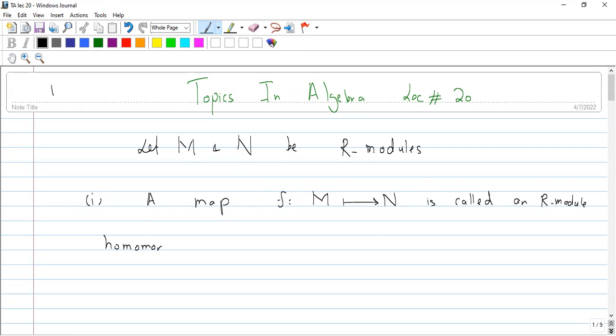Here also we will call it an R module homomorphism if, what is the number one condition?